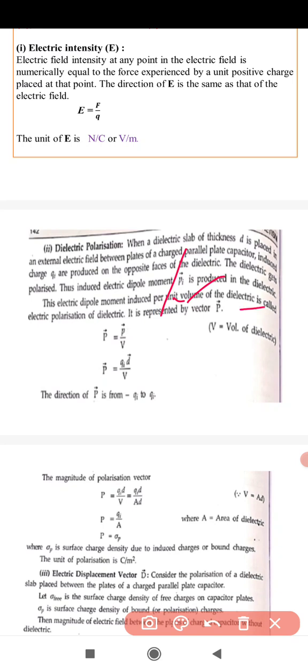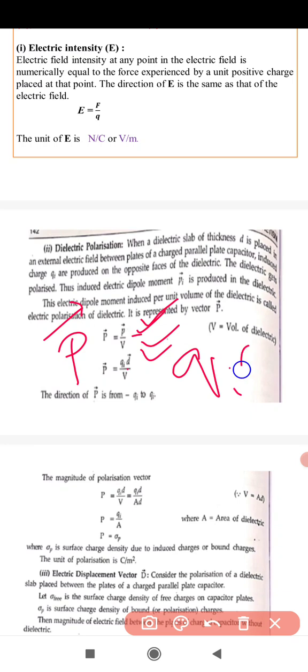It is represented by the vector capital P. Here small p is the induced dipole moment. So capital P, the polarization, equals induced dipole moment per unit volume. We know the induced dipole moment is the product of induced charge and the thickness of the dielectric slab.